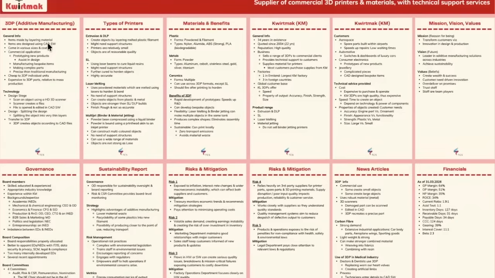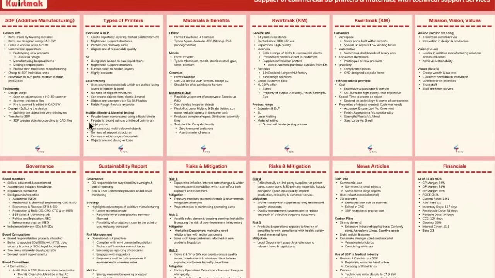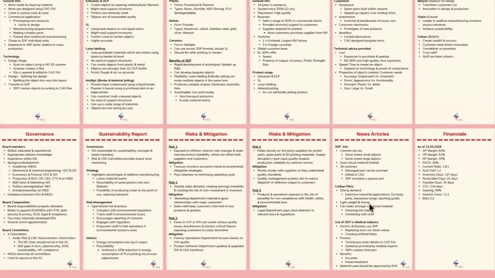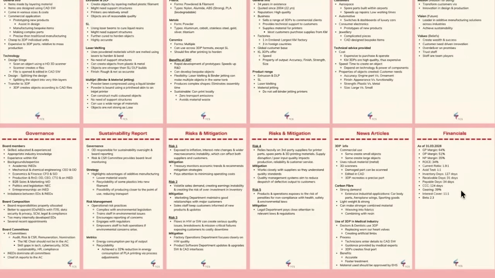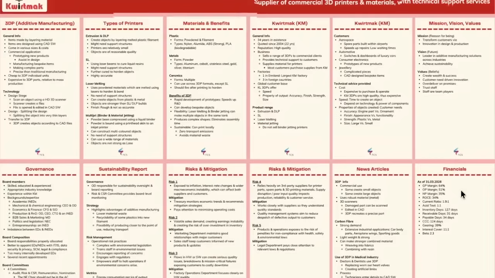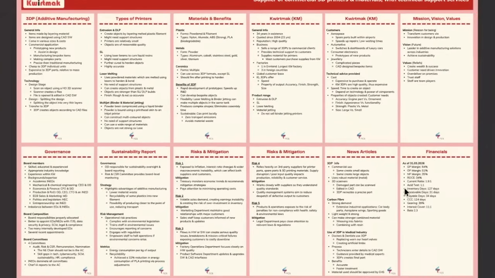So there's an indication of what happens within the industry, the type of printers manufactured within this industry, the type of materials used, as well as the benefits of 3D printing, and then also information concerning the internal dynamics, the history, as well as the type of products and services offered by your chosen company, the mission, vision, and values, governance related information, what is contained within the sustainability report, as well as the risk report, as well as what's contained within the news articles and what is contained within your financial statements. All these things are shared with you as a synopsis via this pre-seen mind map.